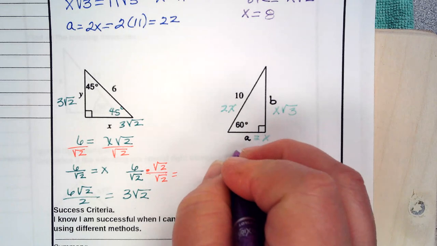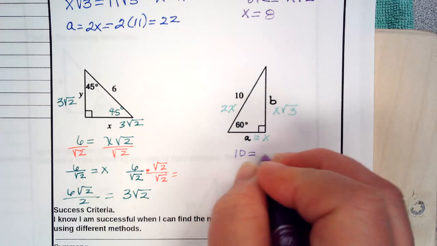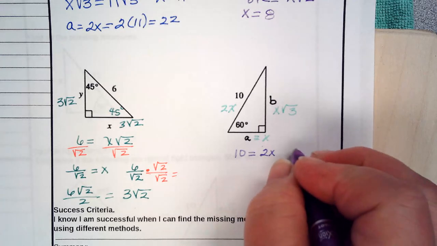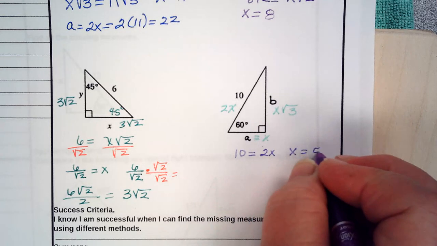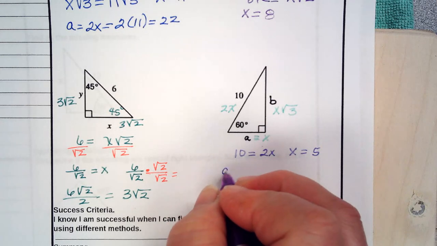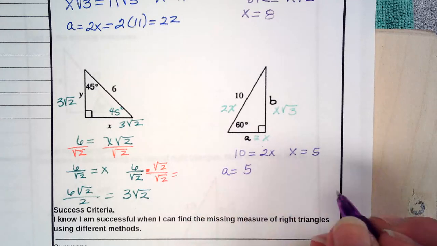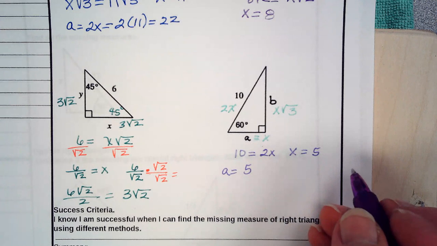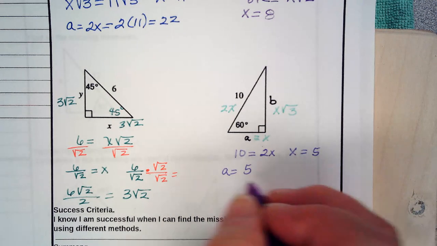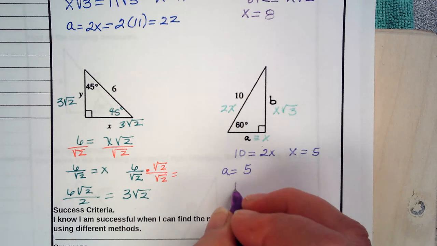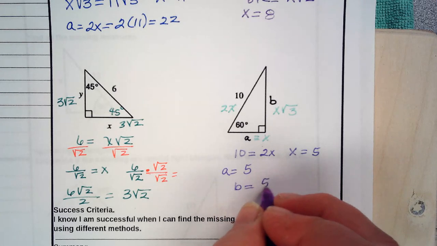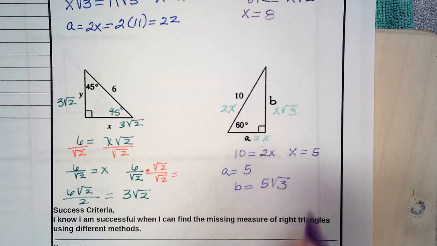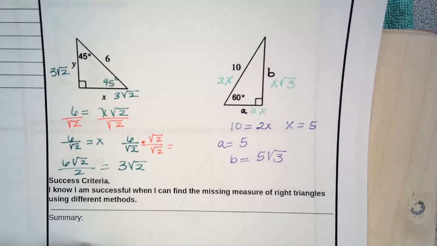Well, I know that 10 is equal to 2x. So x is equal to 5. So a is equal to 5. You always go back to your short side when solving the 30, 60, 90 degree triangles. So b will be equal to 5 times the square root of 3, x square root of 3, and we're done.